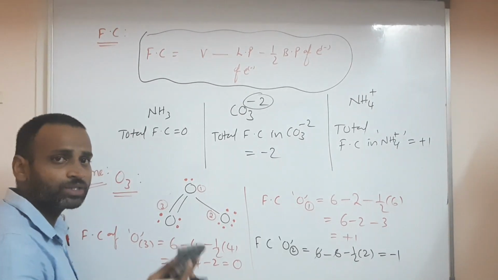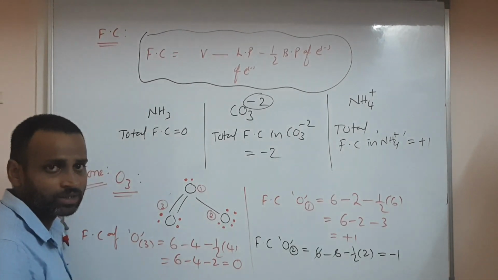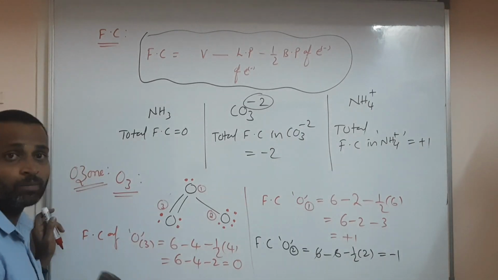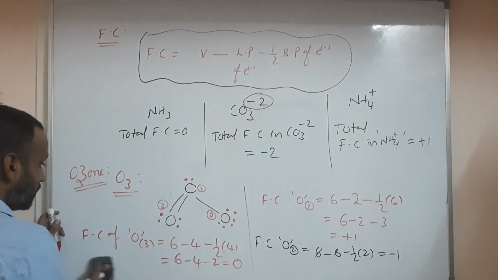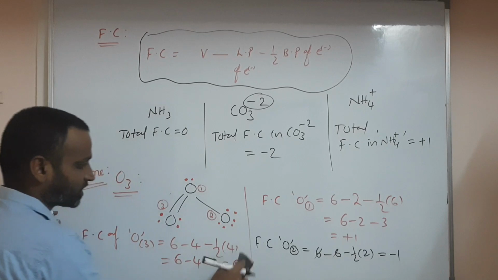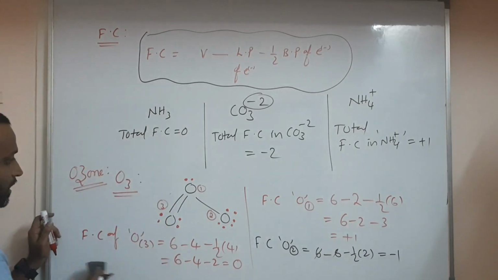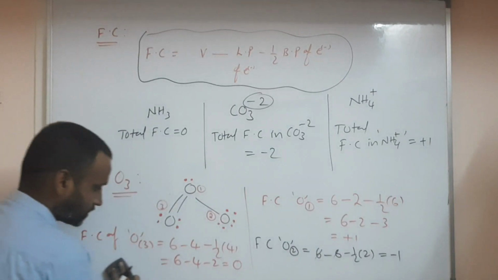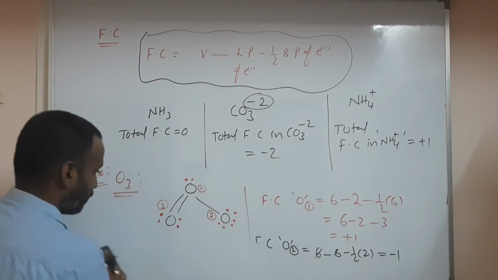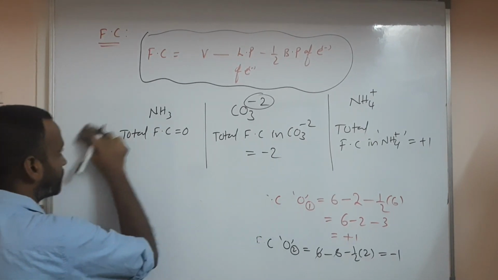Geometry and shape are actually different, and that depends on the number of lone pairs. To explain that I have to explain the hybridization concept. Have a look and take a screenshot, or pause the video and write it down. Now we will go through that.